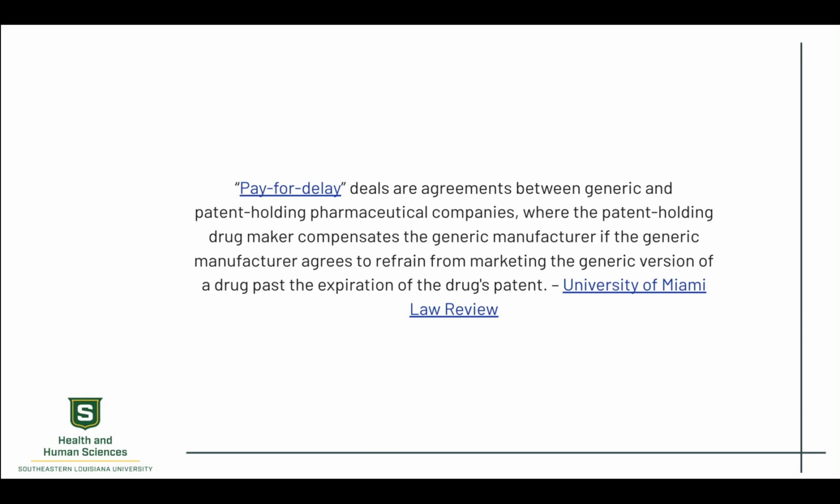So by getting the generic manufacturers not to market their generic version, that pushes the market to those drugs that are still under patent. So this is what we call pay for delay. So the antitrust activities go in to try to prevent situations like that.